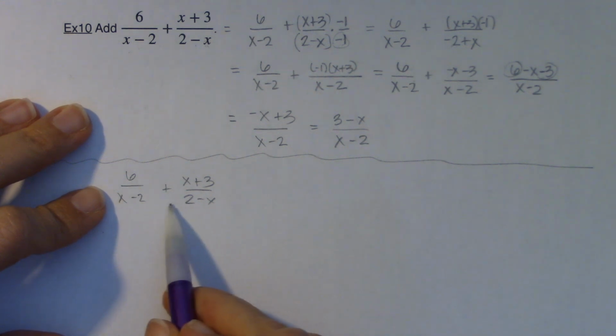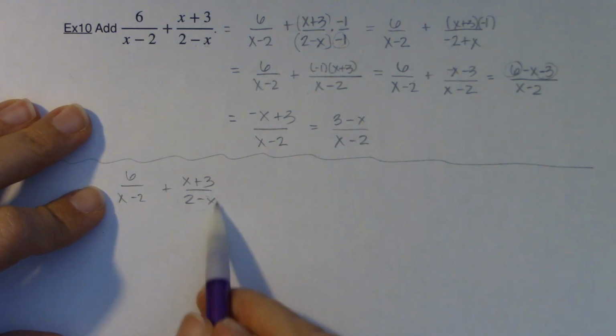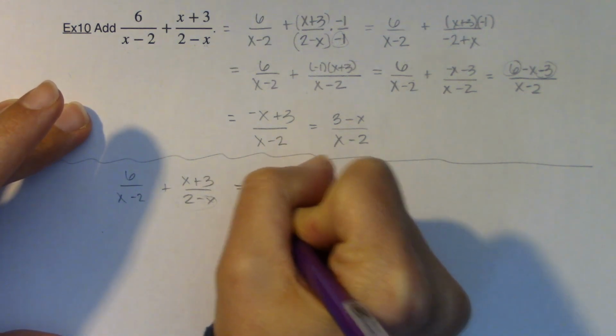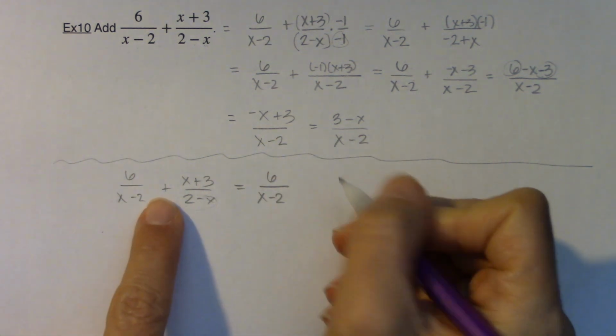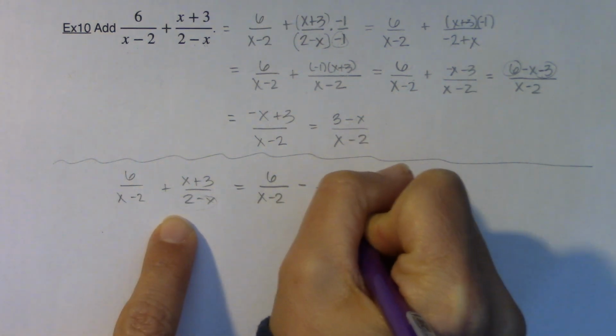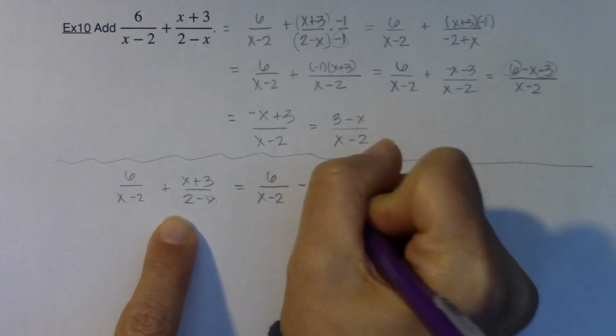So I'll just factor out the negative from this denominator. What I mean by that is I will keep this fraction, 6 over x minus 2. I will change this addition to subtraction, and I will change the order of that denominator.